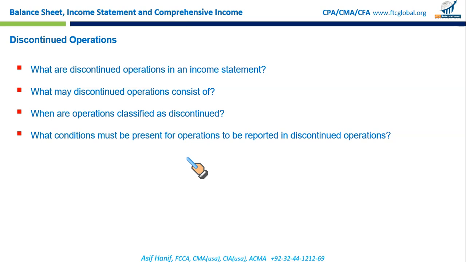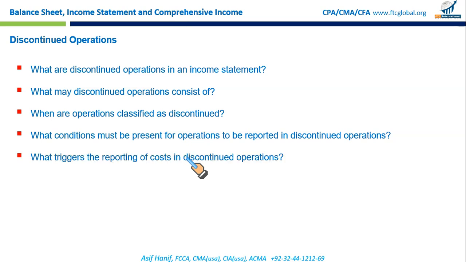It could be a major business line or a major geographic area. So this discontinuance will have a significant effect on your financial results and on your strategy. It's a major strategic shift. So these are a couple of conditions to be present.